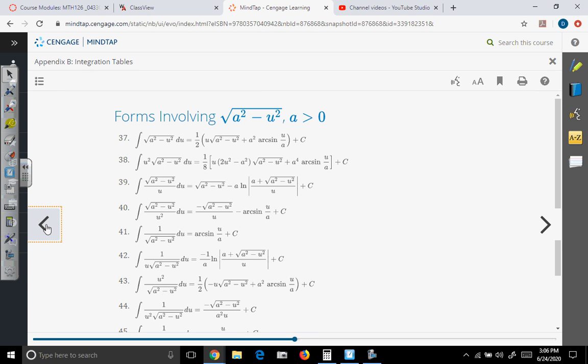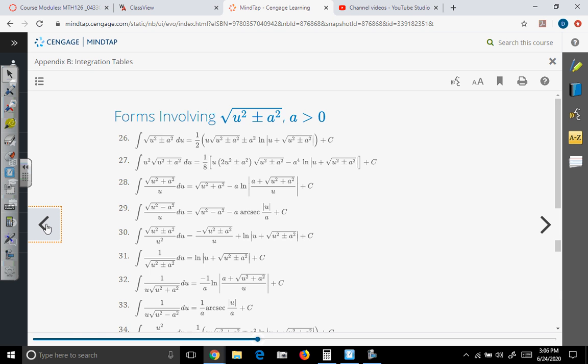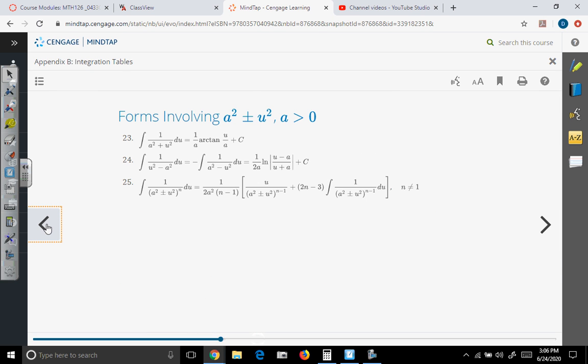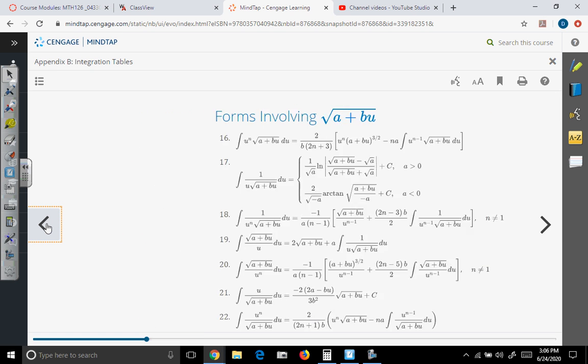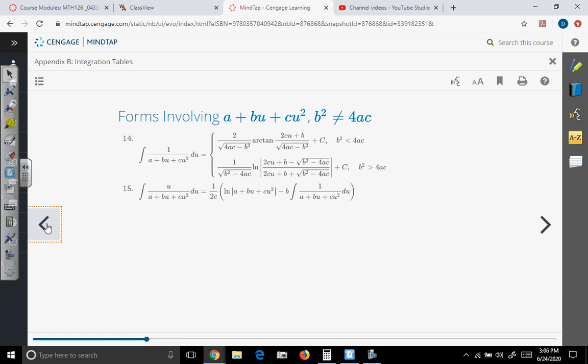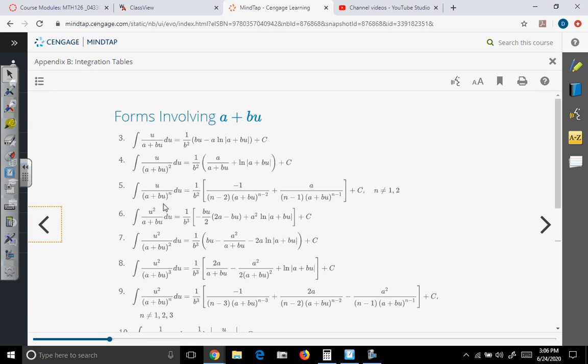It's not under a square root, so it's not those. It's not something squared, so it's not those. Not under a radical. Not squared. But what about this?